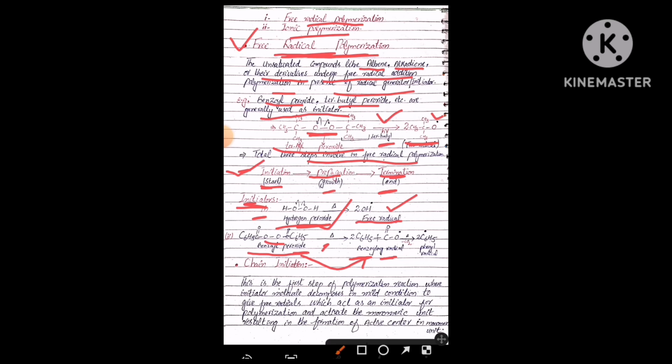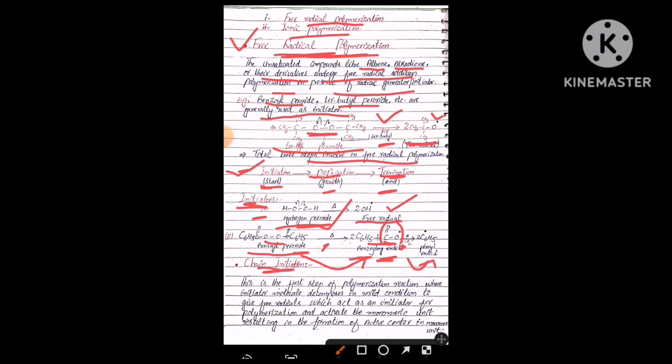But actually, students, the carbon-carbon bond will further break homolytically, because this benzoyloxy radical is not stable. A carbon dioxide molecule is released and it converts into the phenyl radical, which is stable and active and is used as an initiator for initiation purposes.